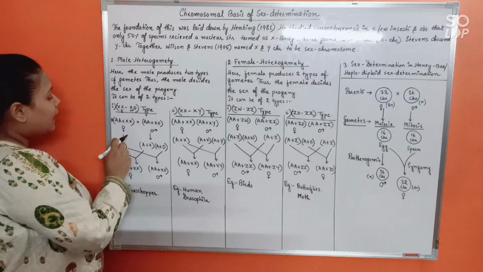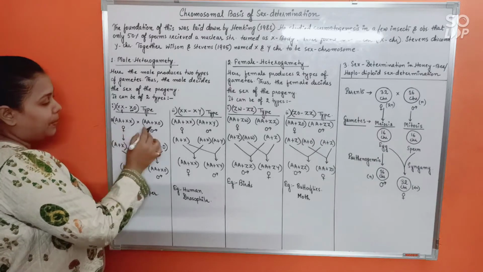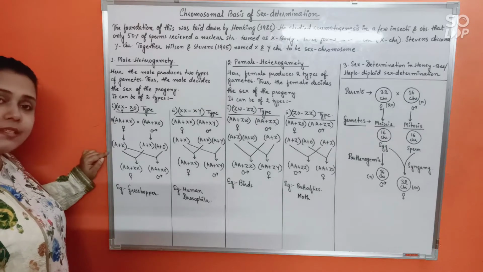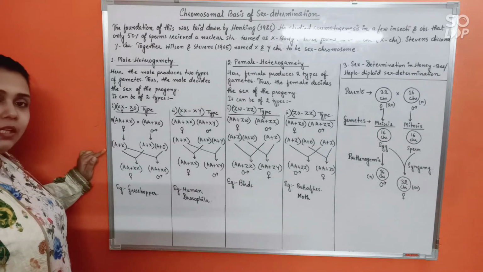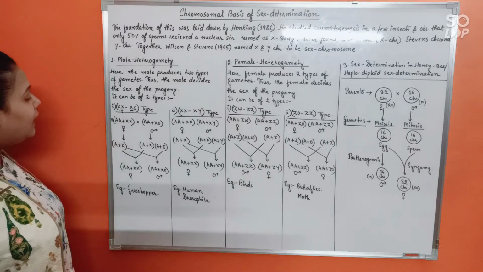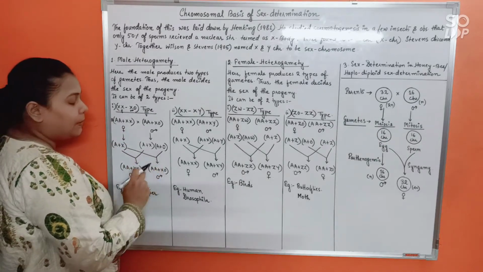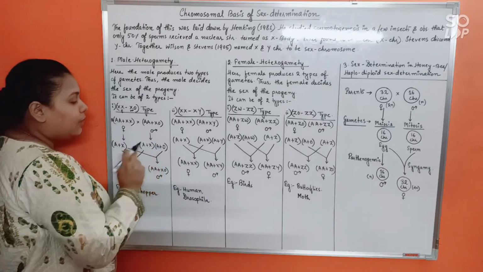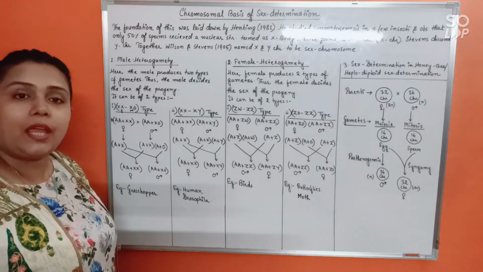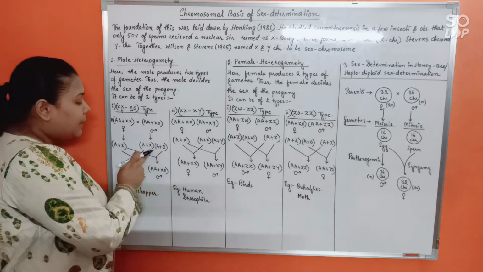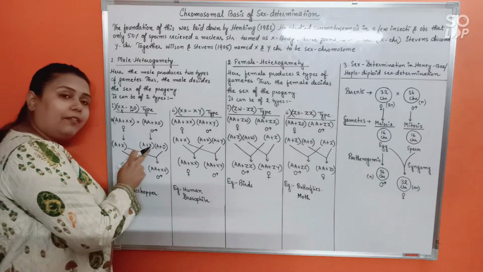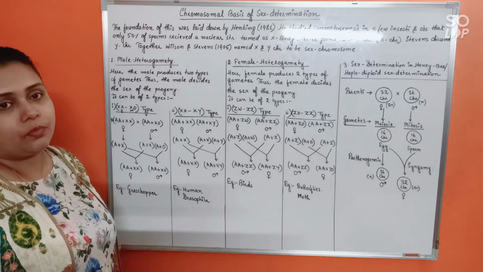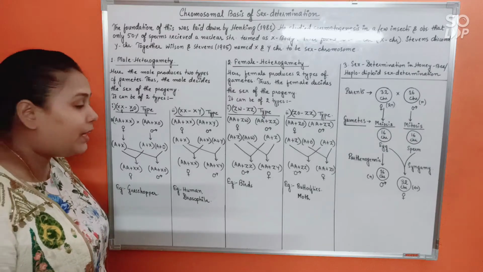When gametes are produced by the parents, from the female only one type of gamete will be produced, A plus X. Is any other combination possible? No. But for the male, there are two types of sperms that can be produced, A plus X and A plus O. Here O means zero. So 50% of the sperms will have the X chromosome and 50% won't.